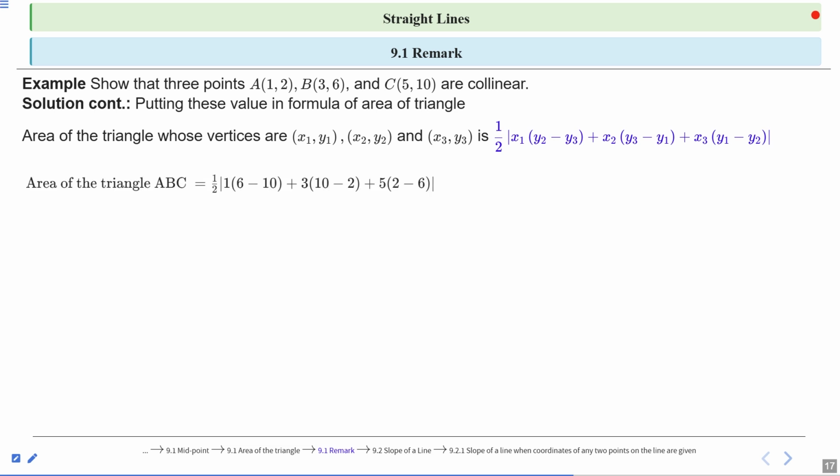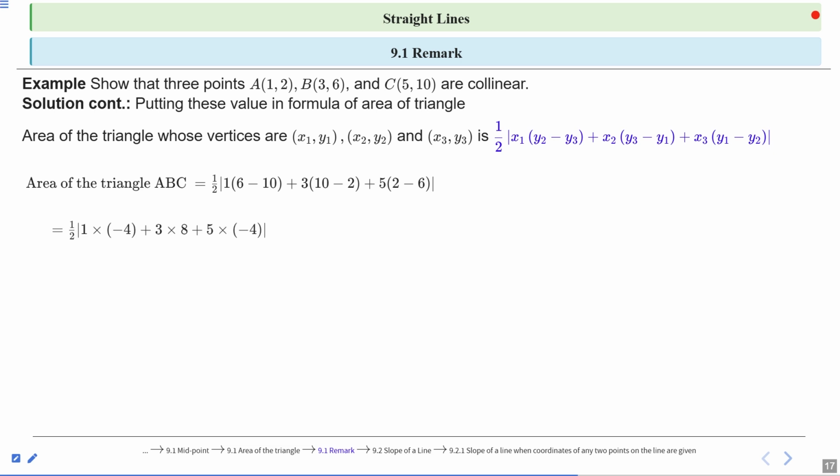So the area of triangle ABC is equal to 1/2 times modulus of 1 times (6 minus 10) plus 3 times (10 minus 2) plus 5 times (2 minus 6). Now simplify this.